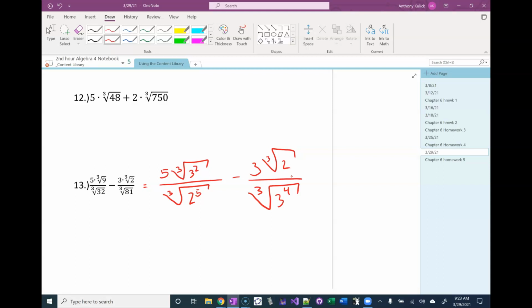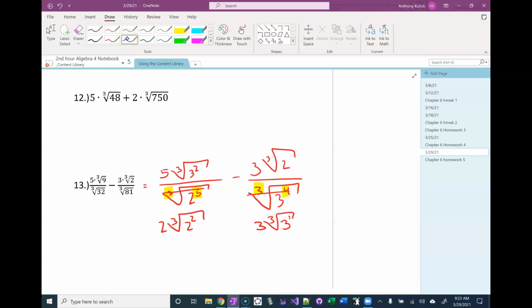Okay. So I notice that here and here we can do some reducing. So this piece can reduce down to 2 cube root 2 squared. And this one down to 3 cube root 3 to the first. You agree with that? Okay.